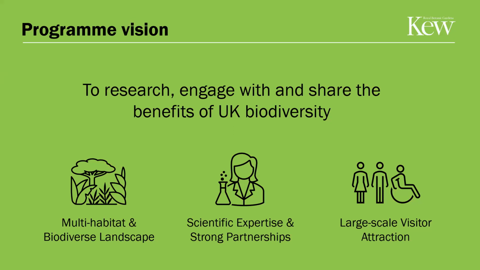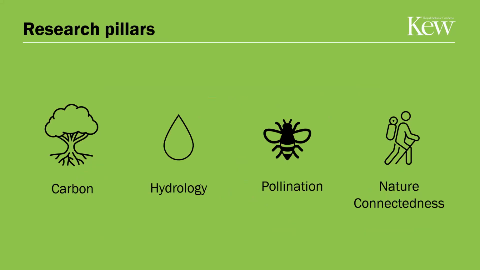It takes advantage of Wakehurst as a place that has 500 hectares of different habitats, the expertise based at Wakehurst and at Kew, and the fact that it is a large-scale visitor attraction, because they want to join different streams of research.